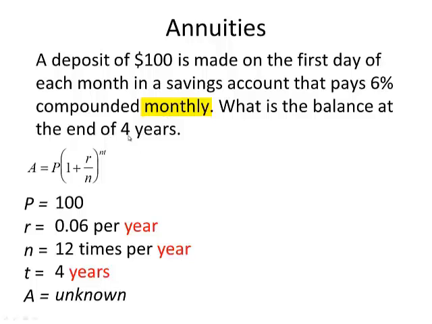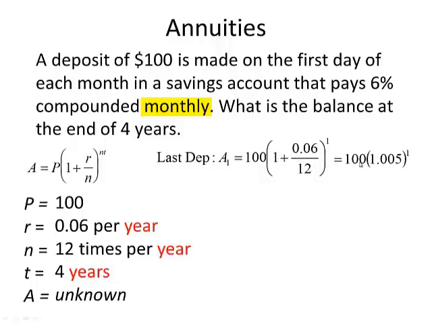So all we care about is the last payment we put in there, or A1, and that'll be 1 times 1 plus 0.06 over 12 to the 1 power. And from the last problem, we know that this is going to be 1.005. Okay, so that's my A1.